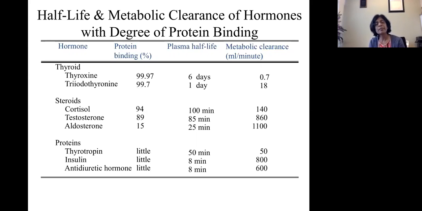We have angiotensin 2. Its half-life is only like 1 or 2 minutes. Okay, so that's how interesting these things are. Clearance time is given. Some require a long period of time, whereas some can be cleared right away.